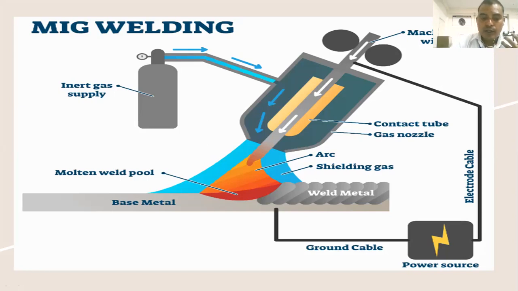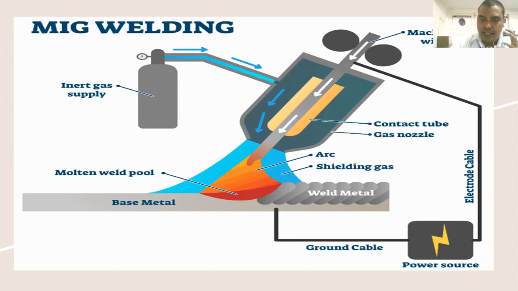The electrode and the workpiece are connected to the welding power supply. The power supply is generally of the constant voltage type only. The current from the welding machine is changed by changing the rate of feeding of the electrode wire.